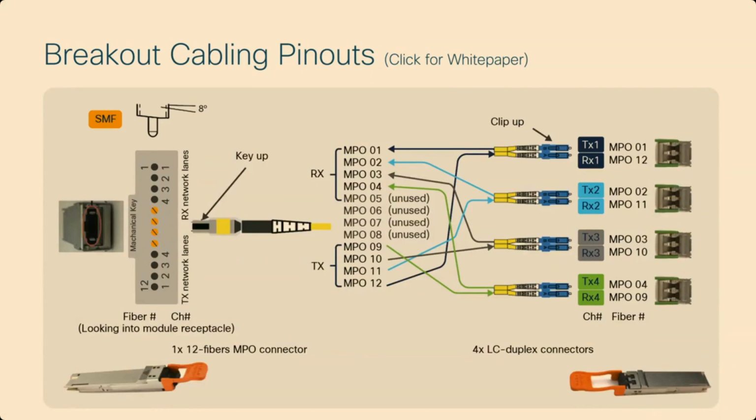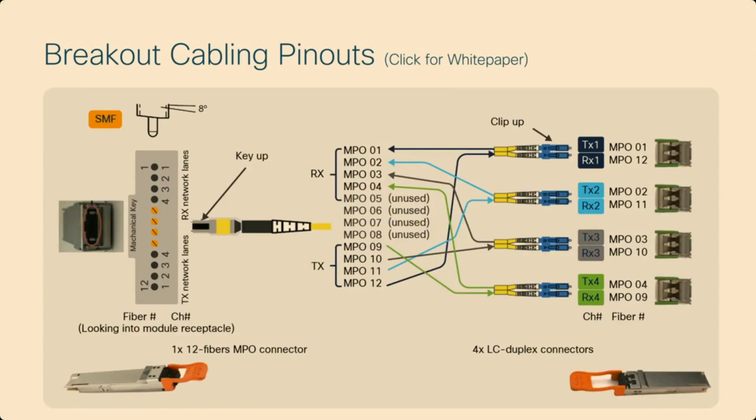If I'm doing any kind of fiber cabling, how does that work? So how do we do the pinouts for the splits for the breakout cables? And here's how it works. Pins 1 and 12 are going to go to the first split, pins 2 and 11 to the second split, and so on and so forth.